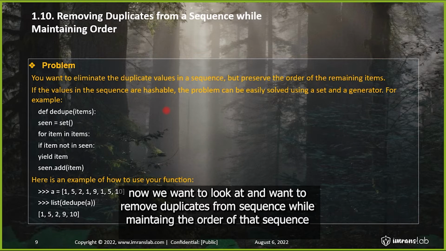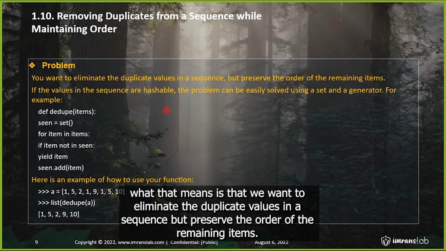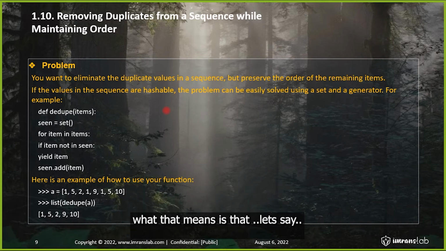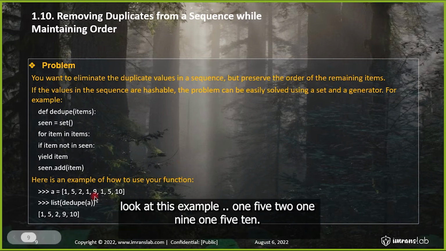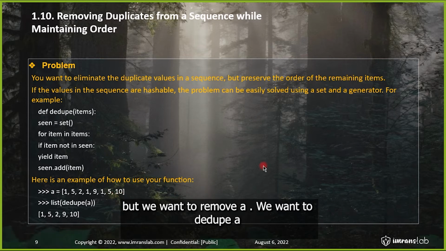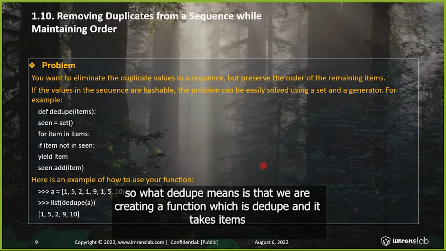Now, we want to look at how to remove duplicates from a sequence while maintaining the order of that sequence. What that means is that we want to eliminate the duplicate values in a sequence, but preserve the order of the remaining items. Let's look at this example: 1, 5, 2, 1, 9, 1, 5, 10, but we want to dedupe it.